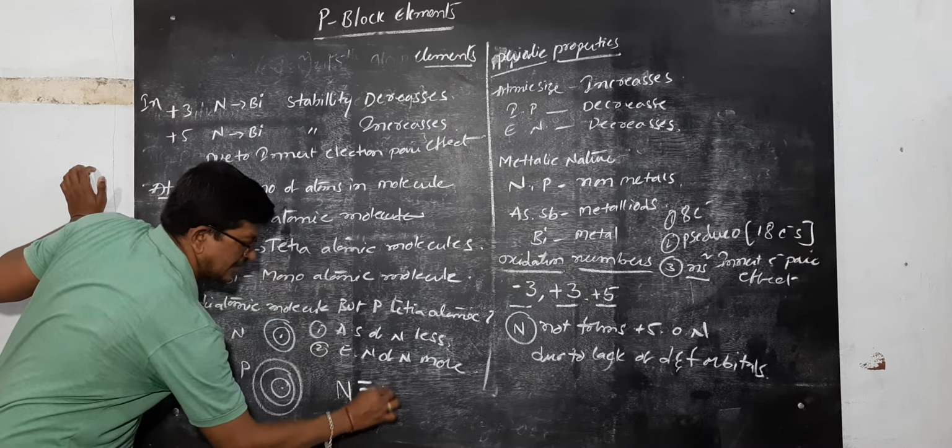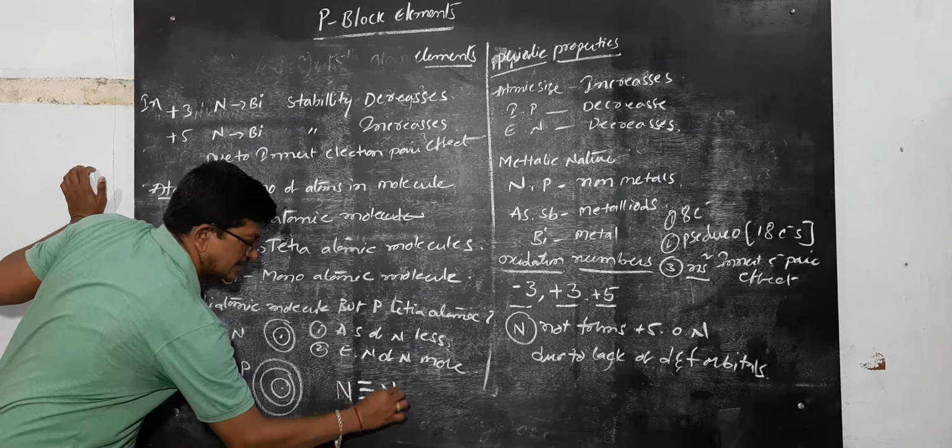But compared to nitrogen, phosphorus has a larger atomic size and less electronegativity.